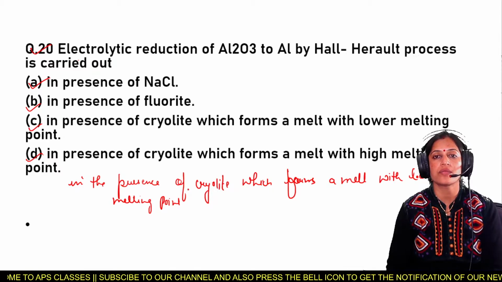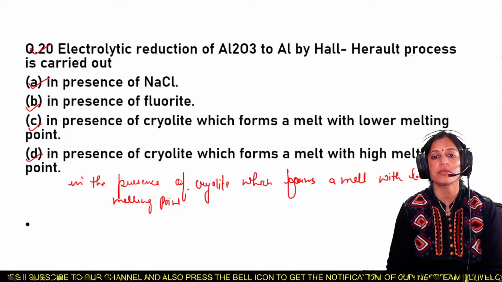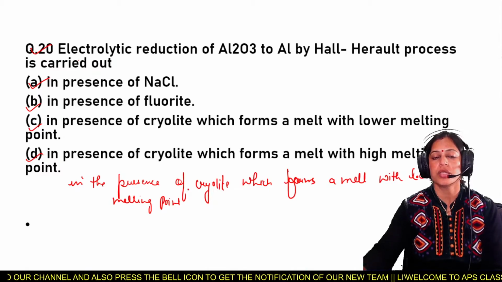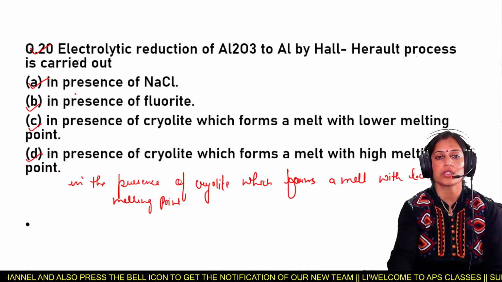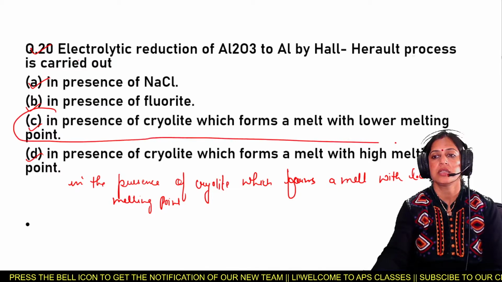Not in the presence of NaCl, not in the presence of fluoride, and not even in the presence of cryolite which forms a melt with high melting point. So this is the right answer.